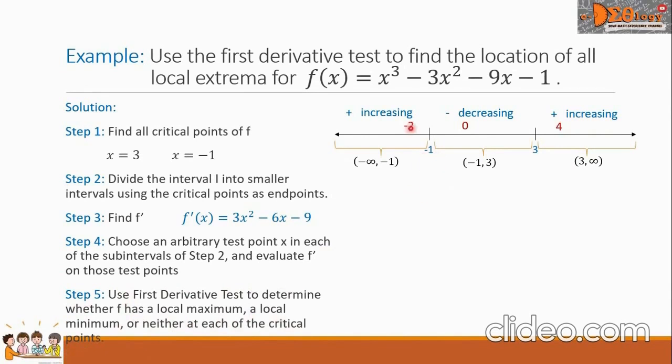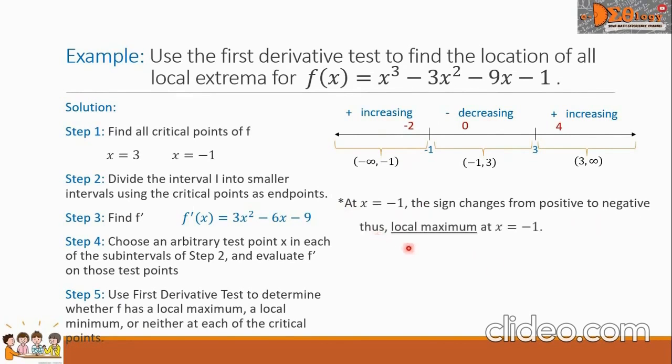On the left side of -1, the derivative is positive and it is increasing, while the right side of -1 is negative, that is decreasing. So we say that at x equals -1, the sign changes from positive to negative. Thus, there is a local maximum at x equals -1.